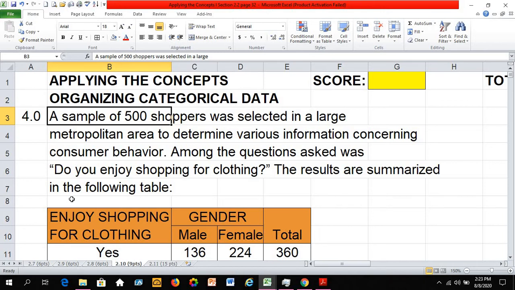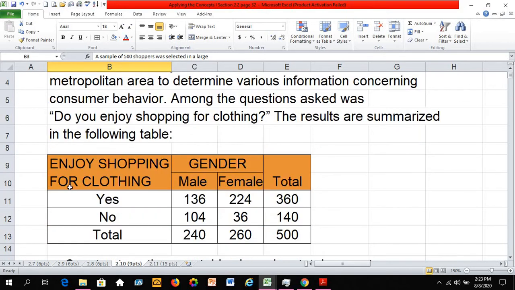Among the questions asked was, do you enjoy shopping for clothing? The results are summarized in the following table. So this is the table. Okay, so there are 500 respondents or shoppers, and they were asked if they enjoy shopping for clothing. Okay, so this is your data.